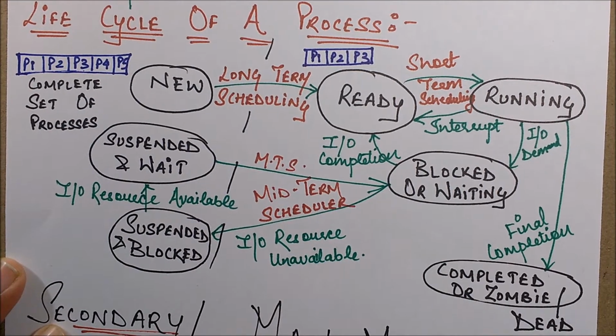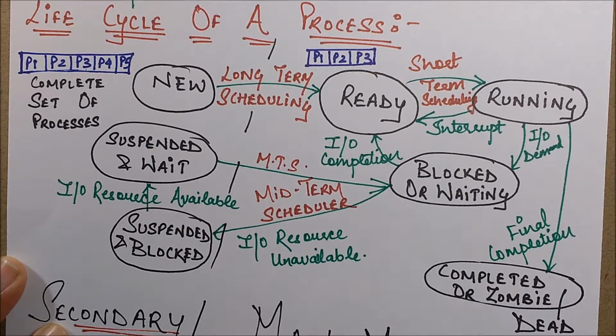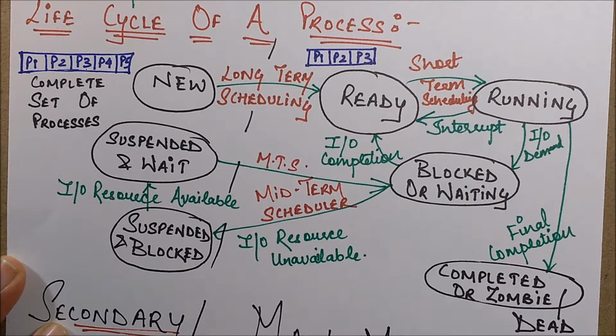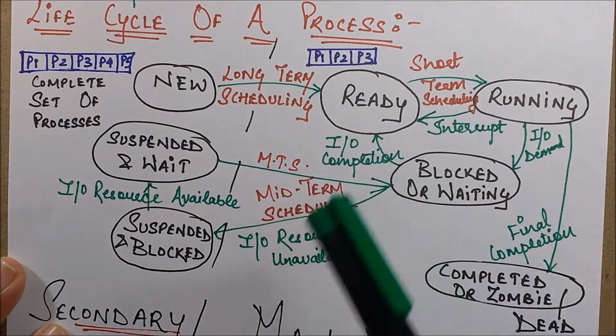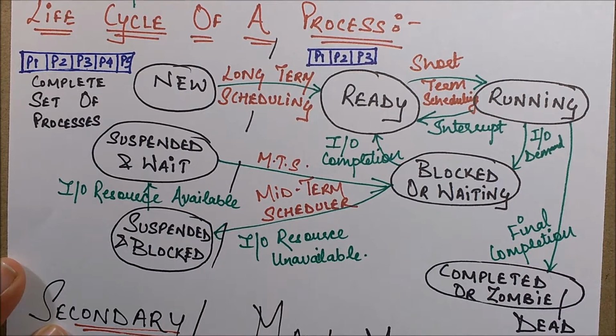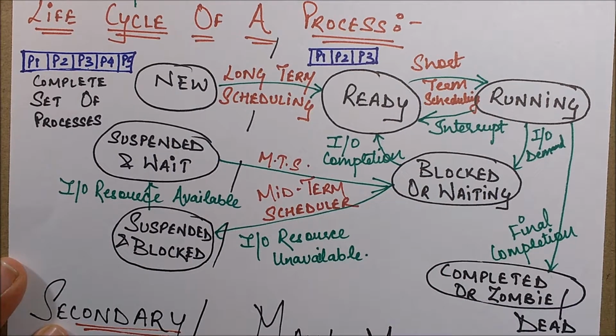The main motive here is that there should be a certain threshold of processes available in your ready queue, so that your CPU is never idle, waiting to see whether any jobs are available in the ready queue or not. And if there are a lot of processes available in the ready queue, then the short-term scheduler will be busy deciding, and a lot of time will be wasted in deciding which process should be sent to the running state.